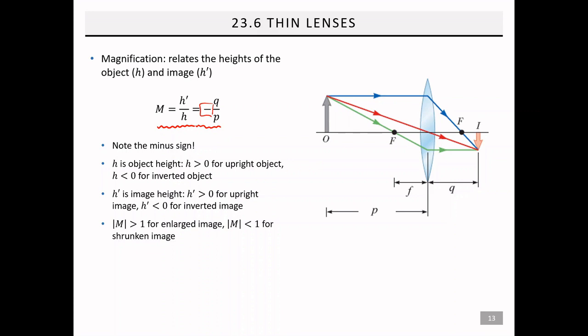If it's less than 1, then it has shrunk in size. The absolute value we're using here, because we only care about the magnitude of the magnification, the minus sign simply tells us whether or not the image is upright or inverted.